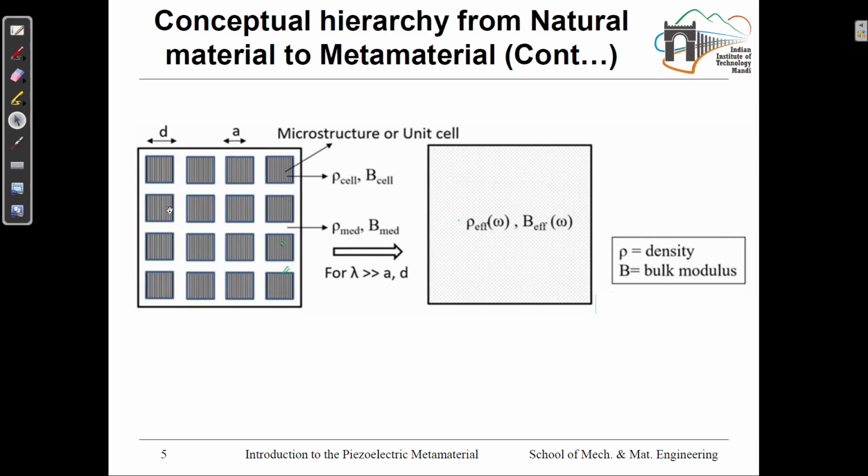So the property of the metamaterial depends on the property of the bulk material. We have the property of the matrix and we have the property of the meta-atom, and from these we can determine the overall property of the metamaterial. So this is the metamaterial.